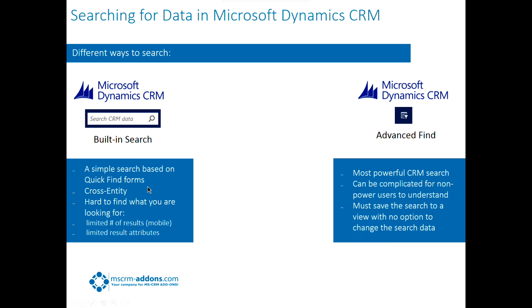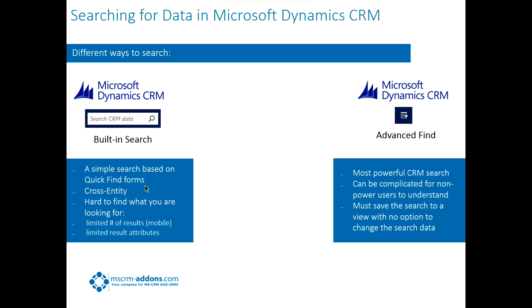On the other hand, you've got your advanced find, and it is probably the most powerful CRM search that's available to you. You can use all kinds of different conditions to search for your data. You can do searches on an entity, and you can do searches on related entities and things of that nature, and find what you're looking for.